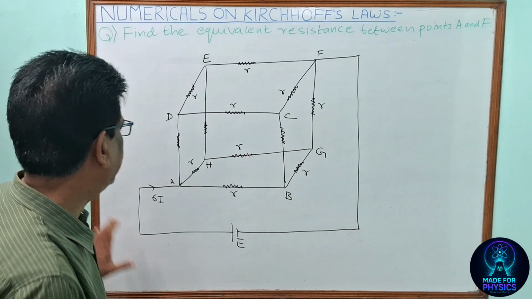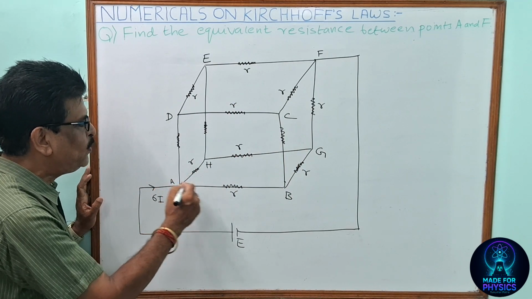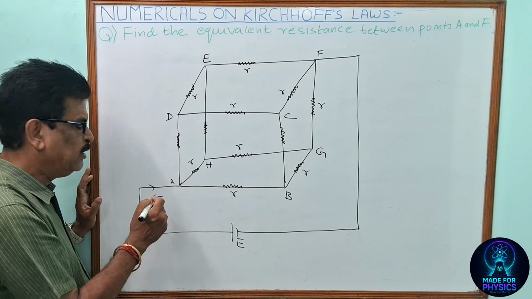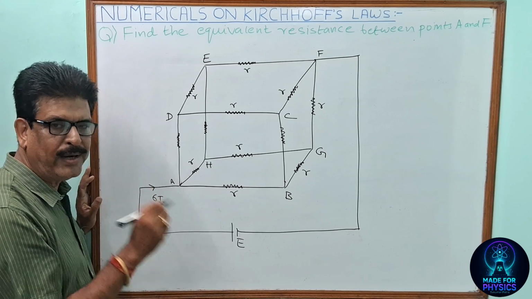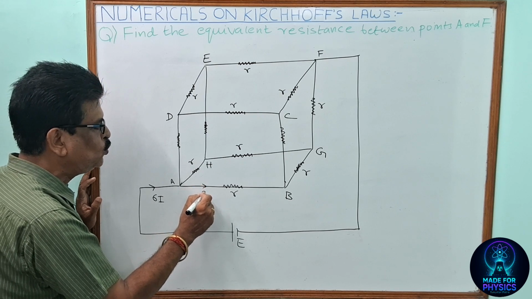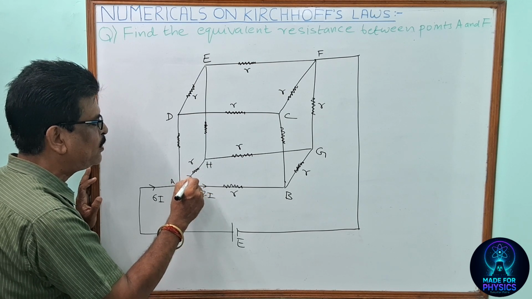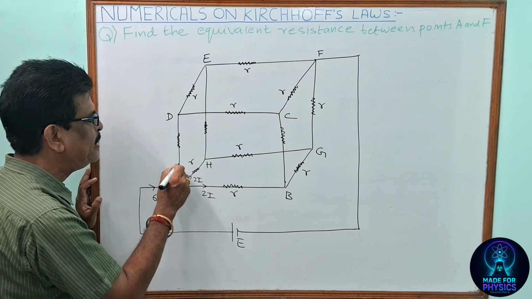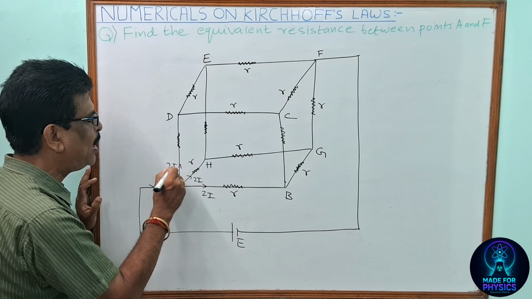See, here it is getting divided into 3 equal parts. So naturally this will get equally divided between these 3 parts as 2I. Here also it is 2I. Here also it is 2I.